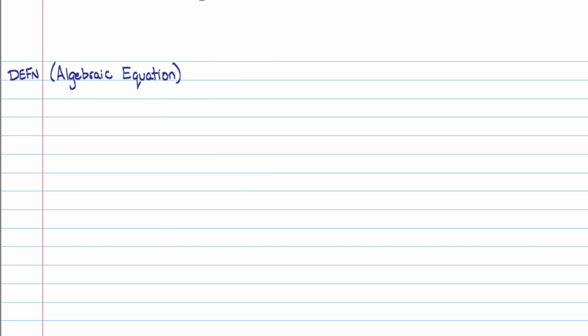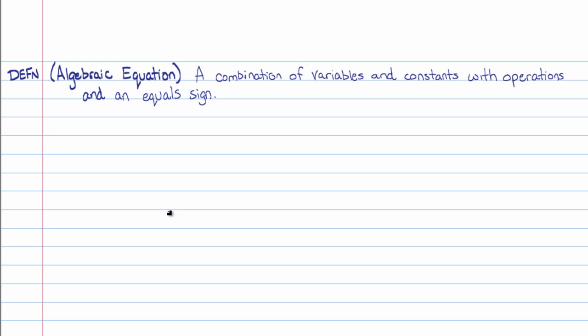Now we're going to start this section with a simple definition of an algebraic equation. An algebraic equation is essentially a combination of variables and constants with operations and an equal sign. This is an important part, that we also have an equal sign.